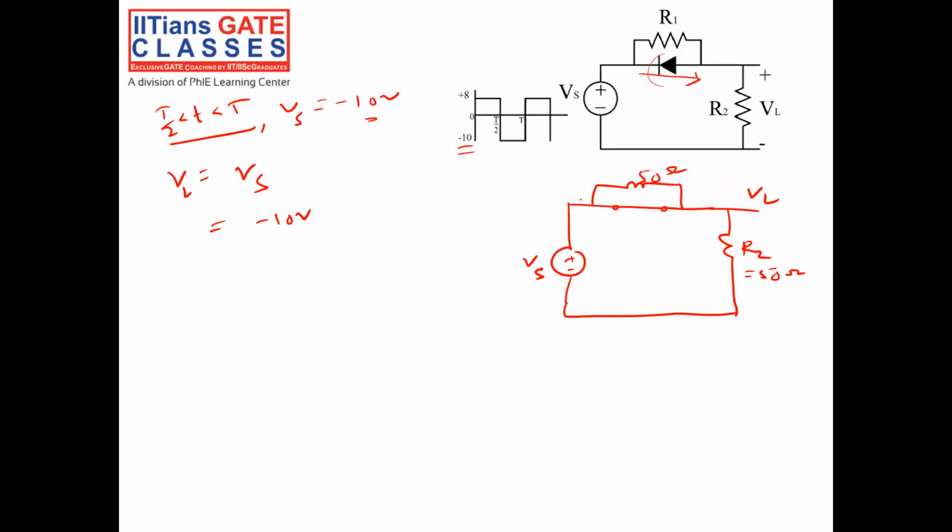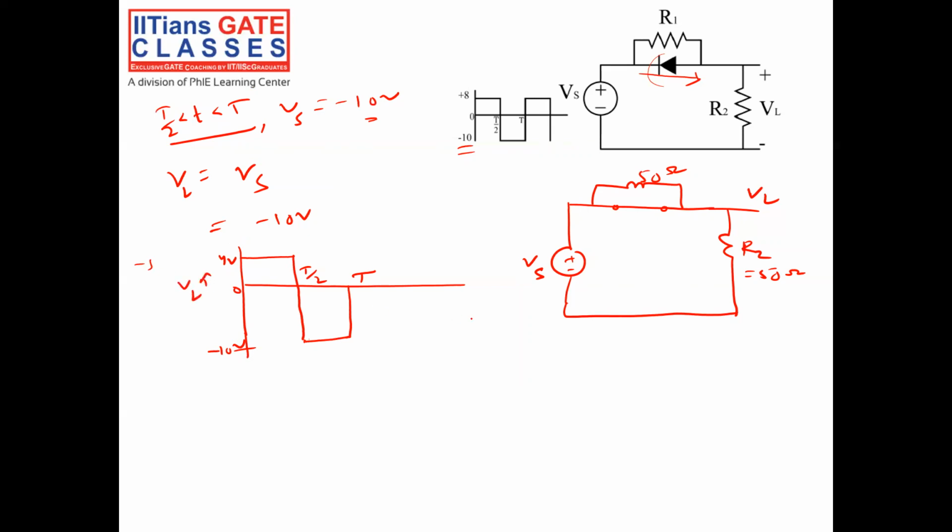If I want to plot the output, from 0 to T by 2, I am getting 4 volt. This is T, and from T by 2 to T, I get minus 10 volt. It is asking to find the average voltage of VL.